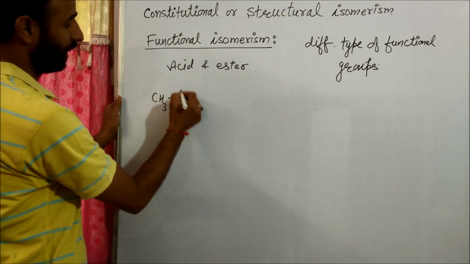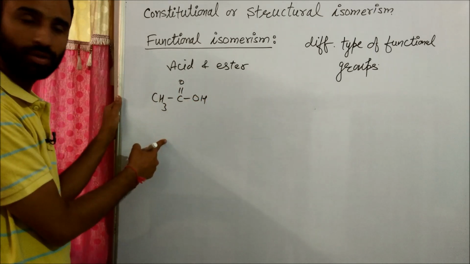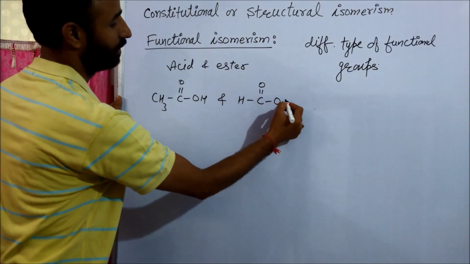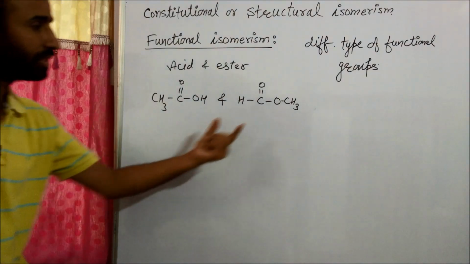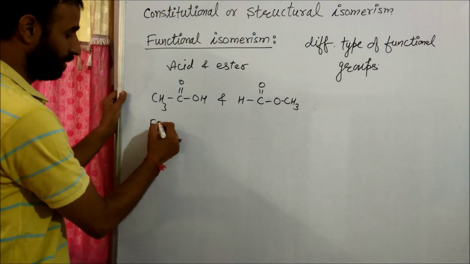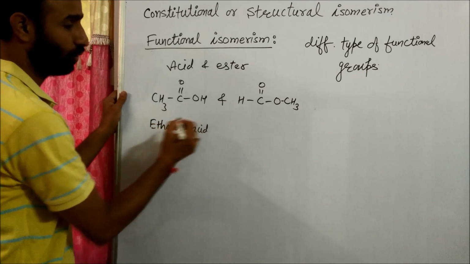Well known acid is acetic acid. Now acetic acid and this is ester. Its common name is acetic acid and IUPAC name is ethanoic acid.